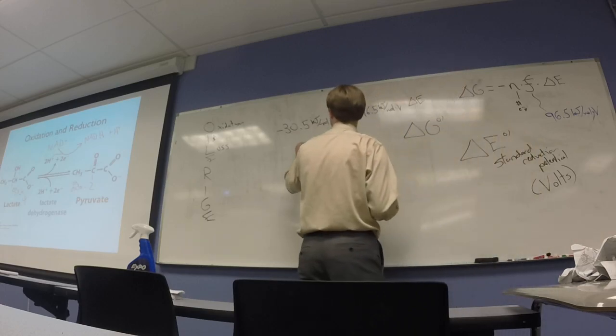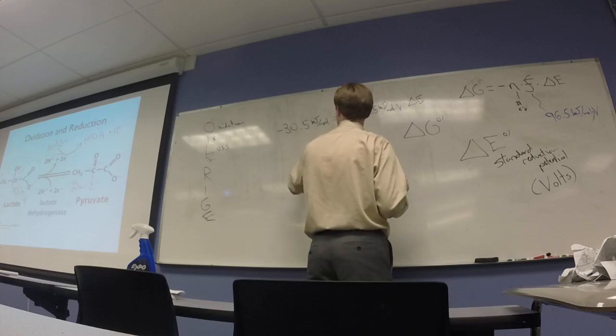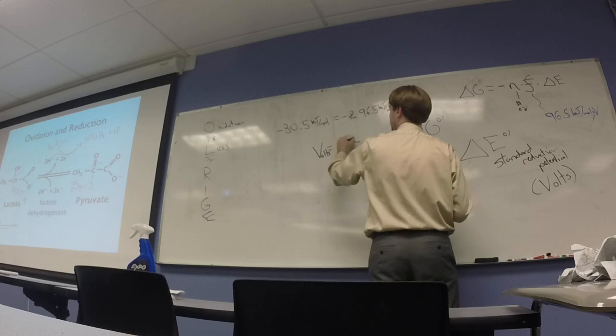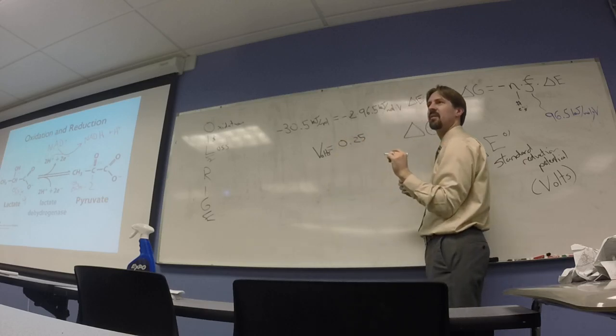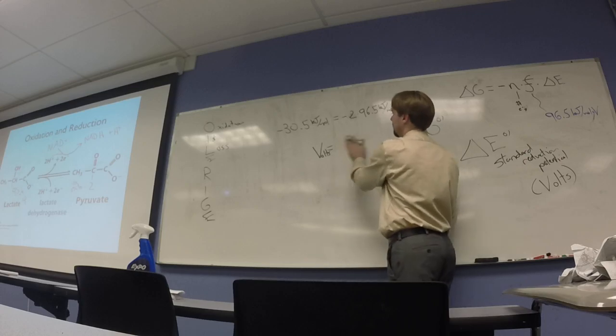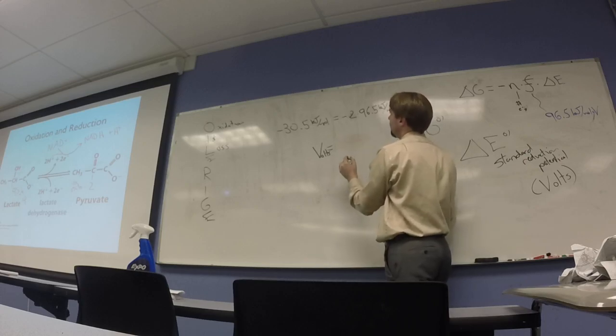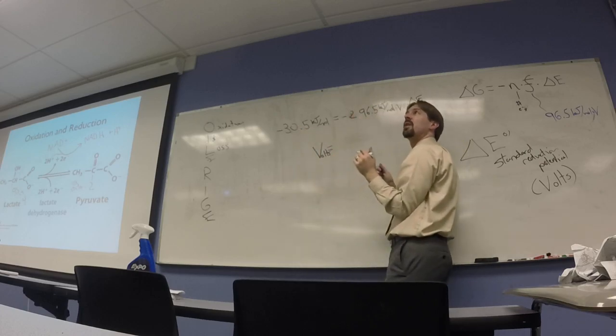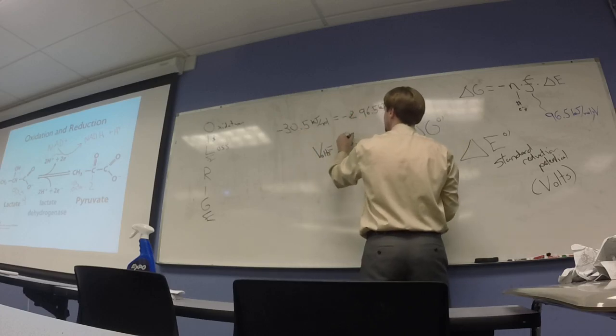Negative over negative is a positive. So in terms of volts, what is that, like 0.25? That was just off the top of my head. What is it actually? Let's see, that's about 200. 30 divided by 200 is, yeah, like 10.3.